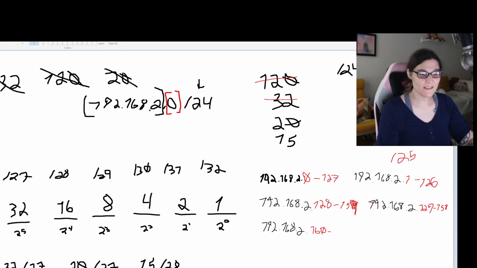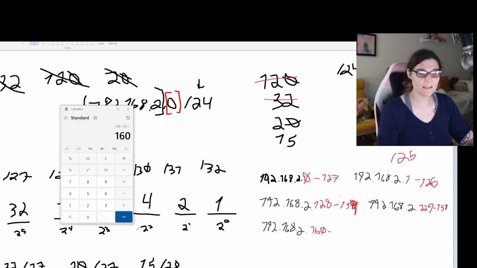What's that going to extend to? Well, to fit a 20, we saw that we have to go to a 32 network address, right? Because it won't fit in the 16, and 64 would reserve too many addresses that we don't want to reserve. So again, it's going to be 32. So we're going to have to add the 32 to this. So let's bring out the calculator again. We've got the 160 plus the 32, right?